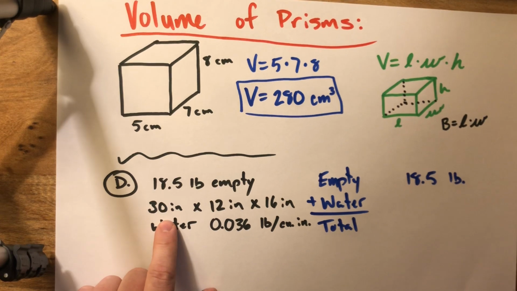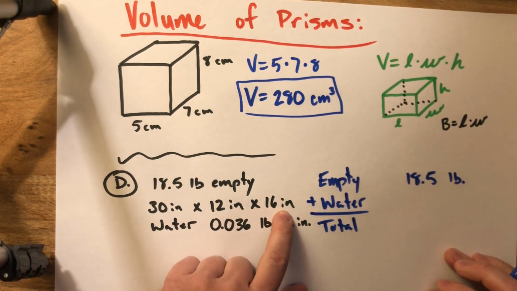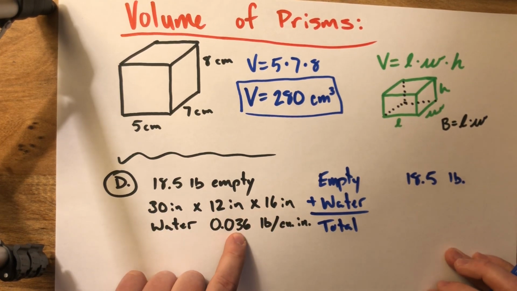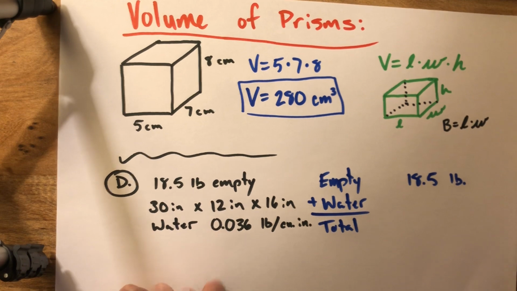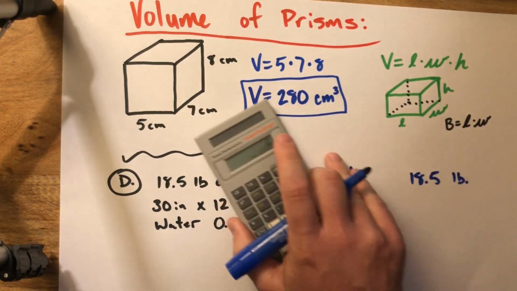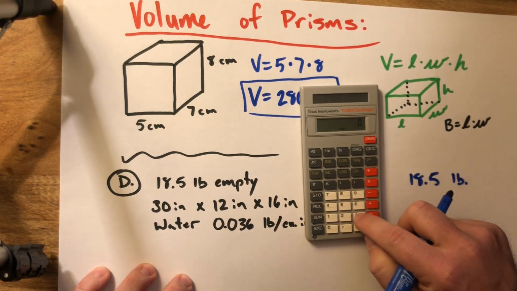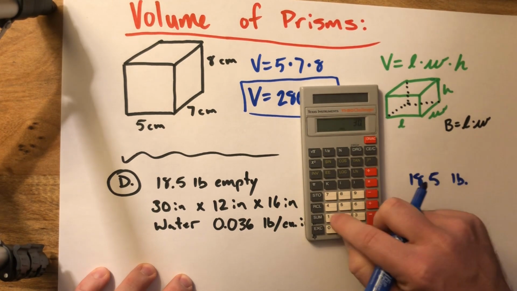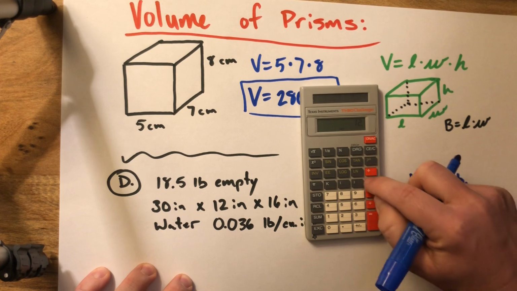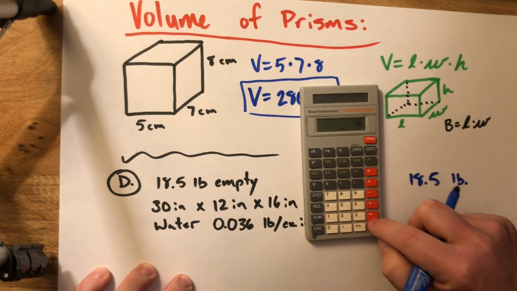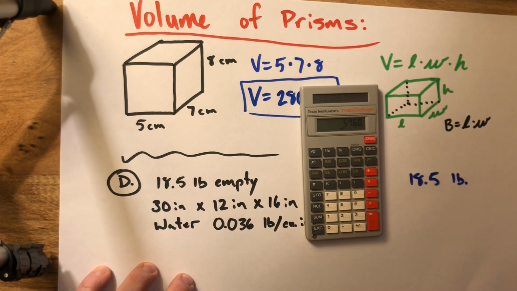Our water, if we find the volume of the water and then multiply the volume by 0.036 pounds per cubic inch, we'll find out the weight of the water. So I'm going to be using a Texas Instruments calculator. You can definitely use a calculator for this. I'm going to go 30 times 12 times 16, 5,760. That makes sense.